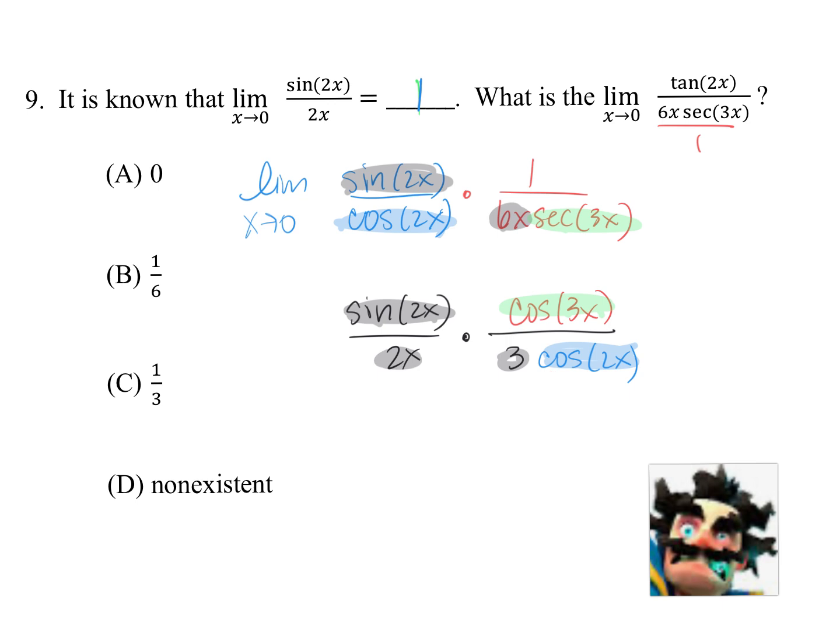Okay, so now if we're looking at that limit, what can I say this quantity is now? Yeah, we know that this is 1, don't we? So I'm going to say this is 1 times, then we still have to apply the limit here, and we have to apply the limit there. What's the cosine of 0?